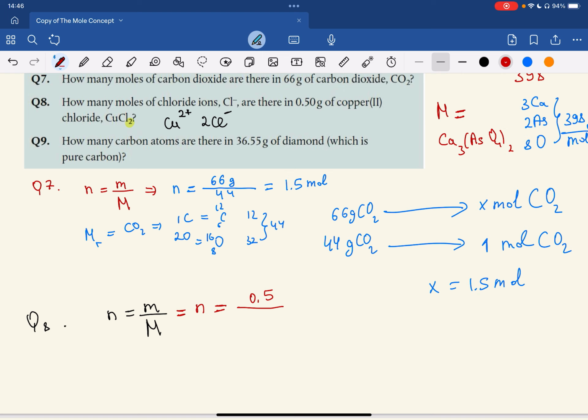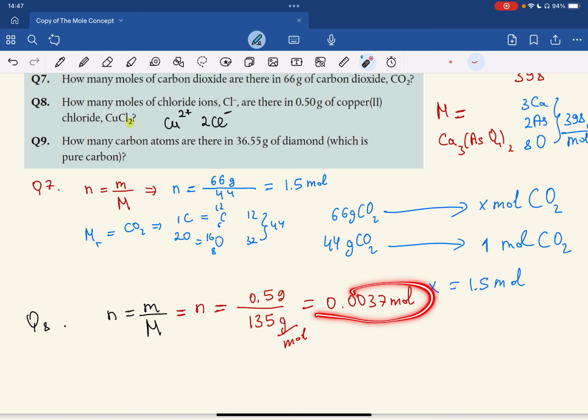The molar mass of CuCl2 is 135 grams per mole. This is 0.5 grams. So overall 0.5 divided by 135 will be 0.0037 moles. So this is the mole of CuCl2.